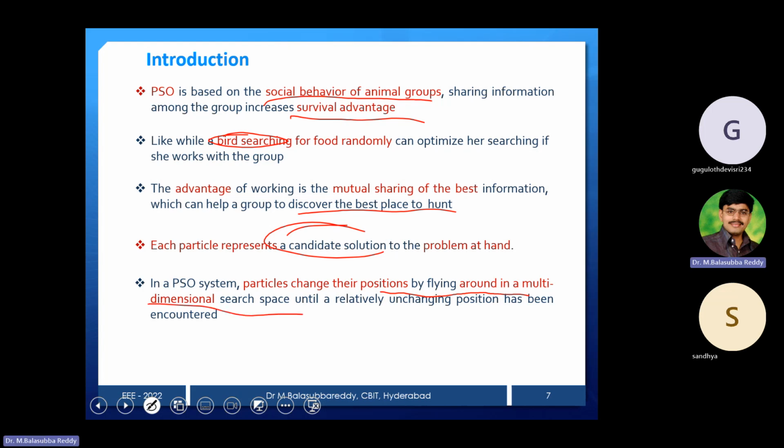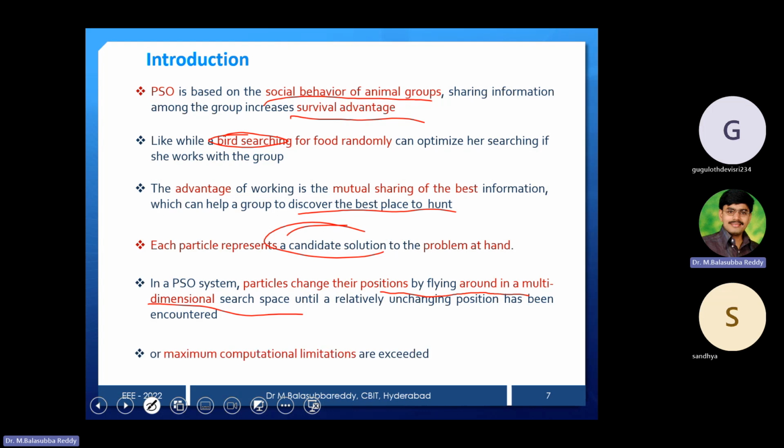That means they randomly fly. Once all the agents randomly fly and exchange their information, based on that another move takes place. That is how the searching process takes place.